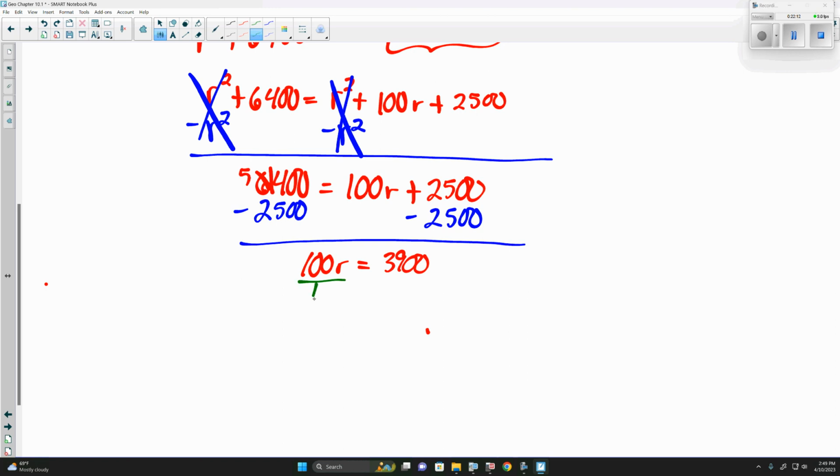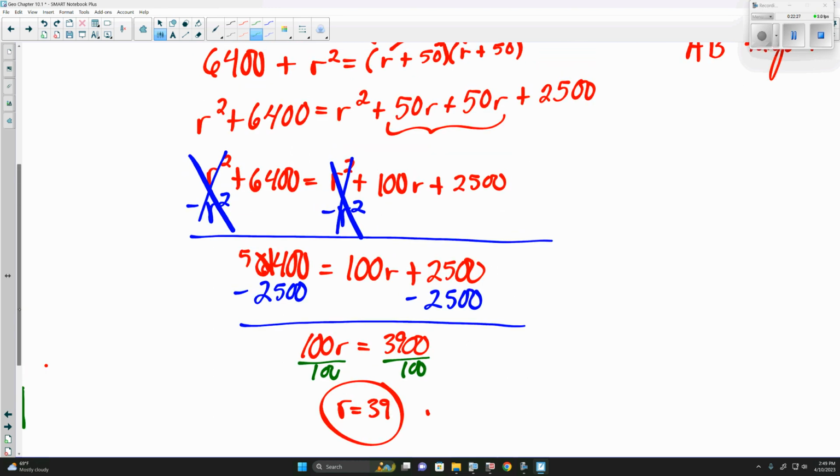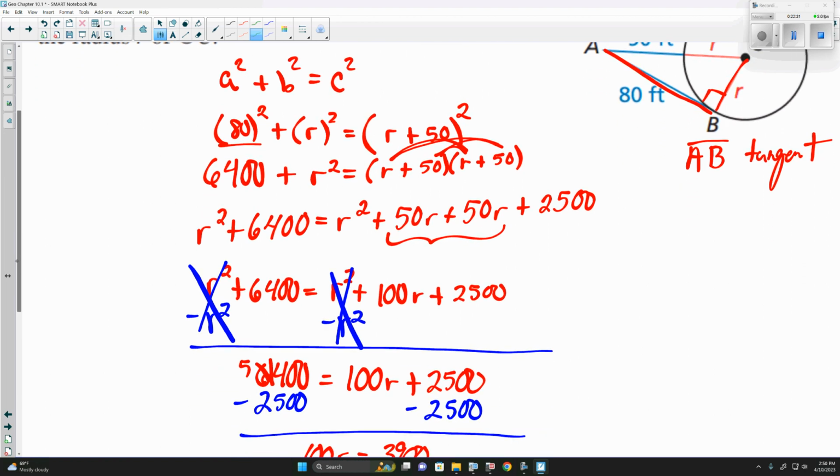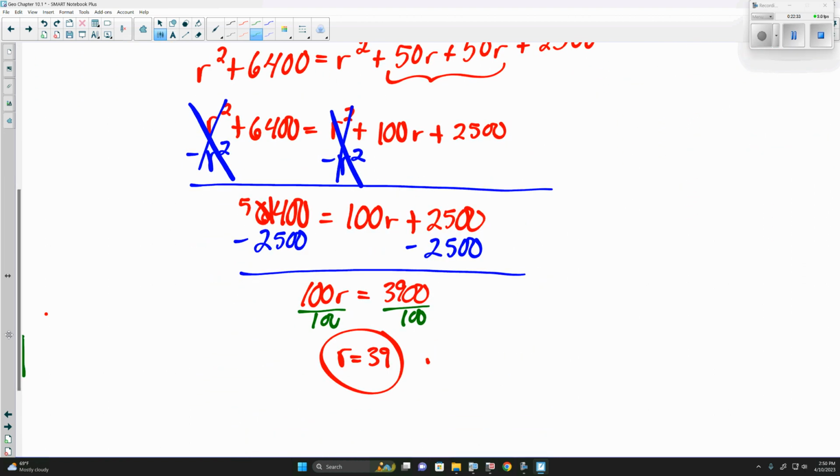And lastly, we can divide by 100. So what's the radius? In the diagram, point B is a point of tangency. Find the radius of circle C. So the radius is?